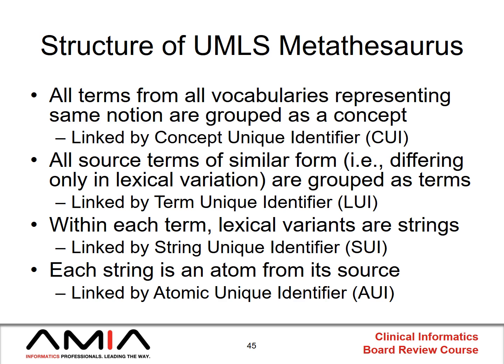These groups of terms are linked by the term unique identifier, also called the LUI. And then within each of those terms, there are lexical variants that are strings, and they're grouped by the string unique identifier, or SUI. And ultimately, each string is an atom that comes from its source, the atomic unique identifier, or AUI.